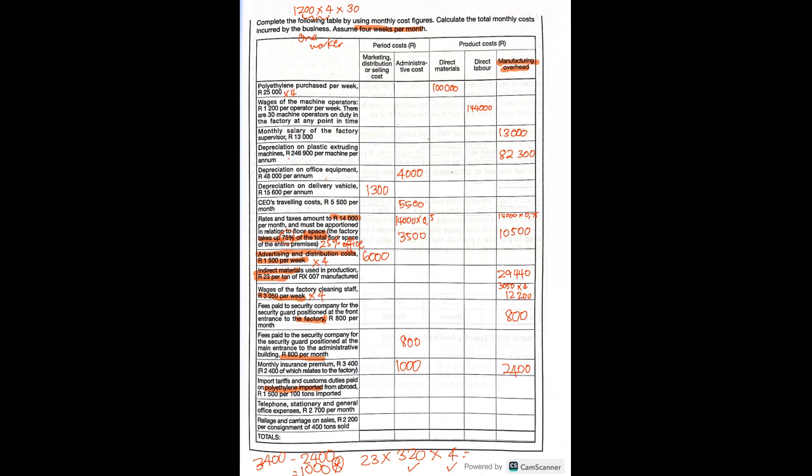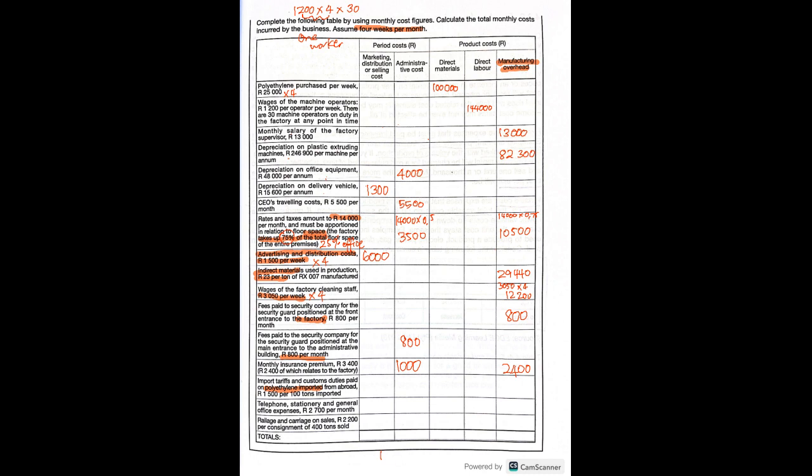So this is 1,500 rand per 100 tons that are imported. You need to look at how that cost changes when we apply it to the 320 units that are produced. So all you're going to do here is say that it is 1,500 per 100 tons.